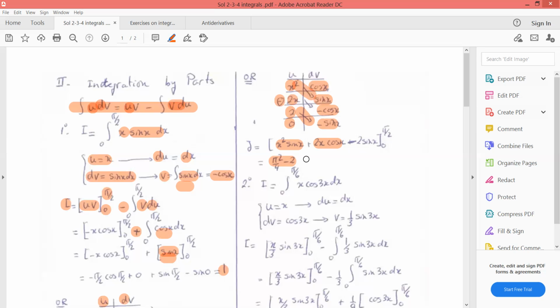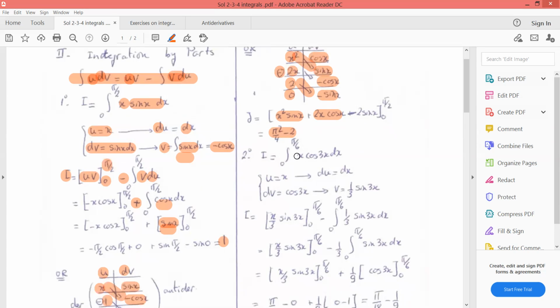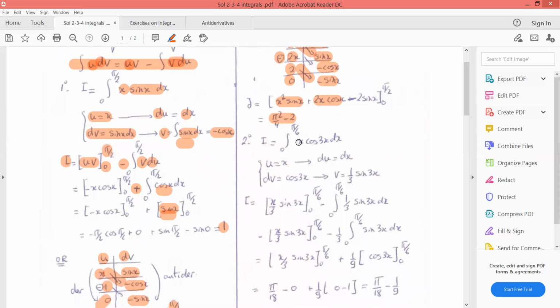Can we complete? The second part is the integral between 0 and pi over 6 of x times cosine 3x dx. Also a product of polynomial times trigonometric, so we have to use integration by parts.